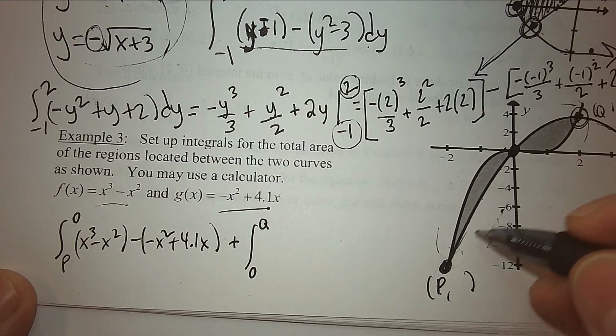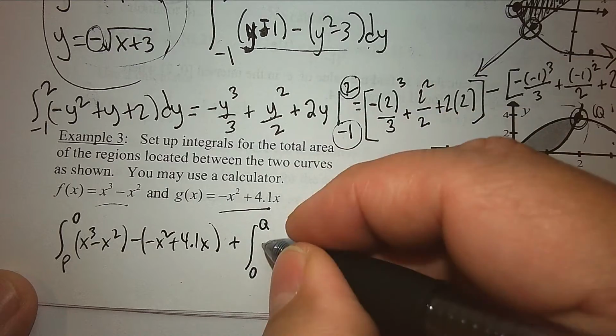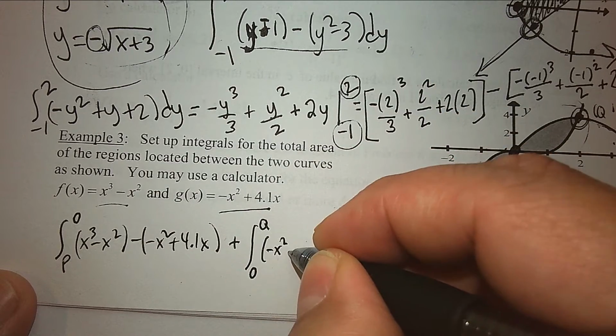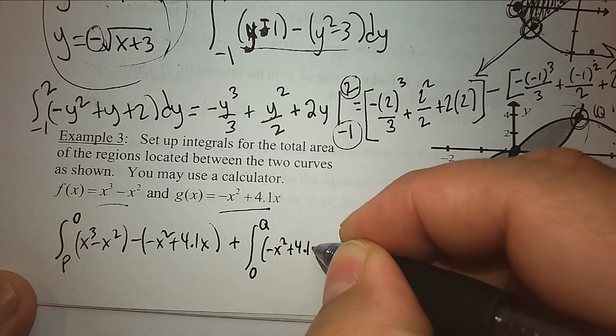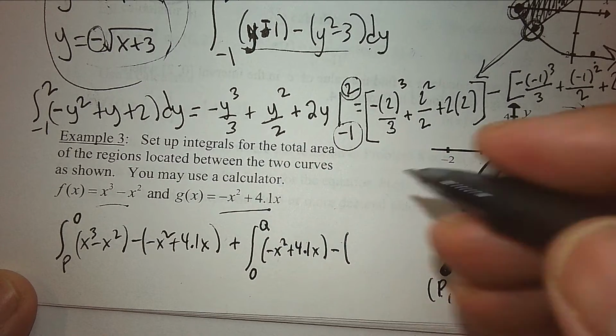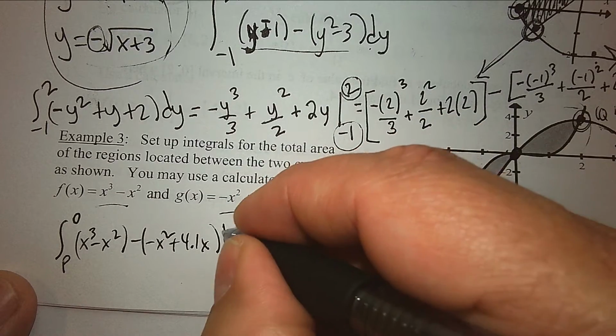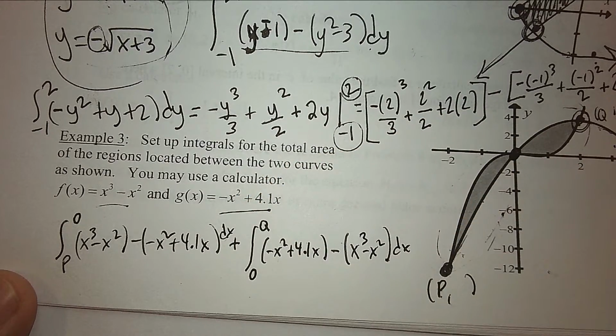And again, this time the upper one, upper subtract lower, is the parabola. So now it's negative x squared plus 4.1x on top. Subtract the bottom curve, which is x cubed minus x squared. And this is in terms of dx. So that's the general setup, right?